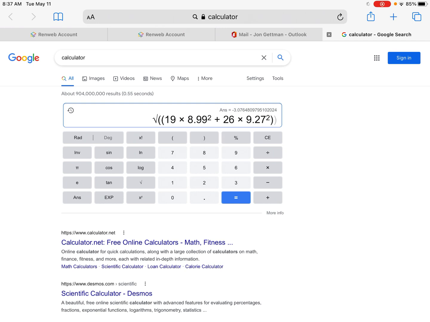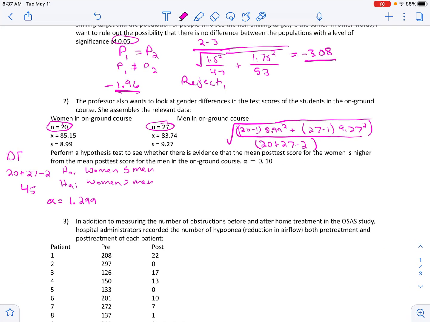So that's the top, divided by those two, 20 plus 27 minus 2, which is 45. And so that gives me a pooled variance of 9.51. So this is 9.51. So now I plug it in.